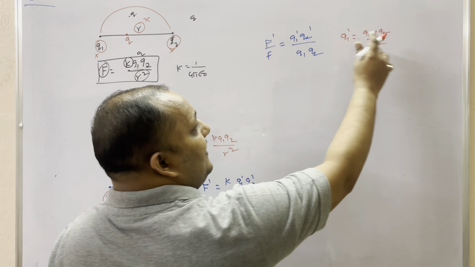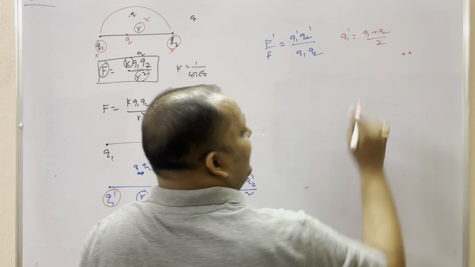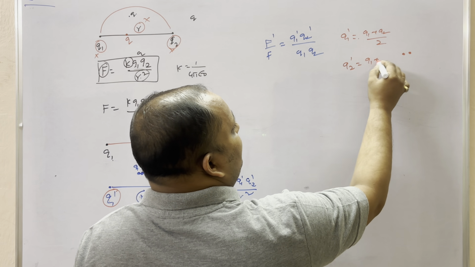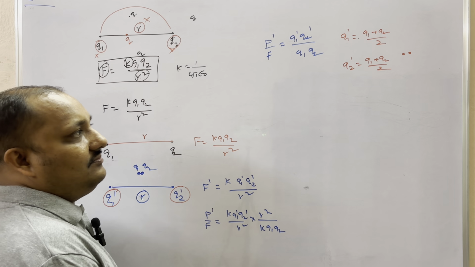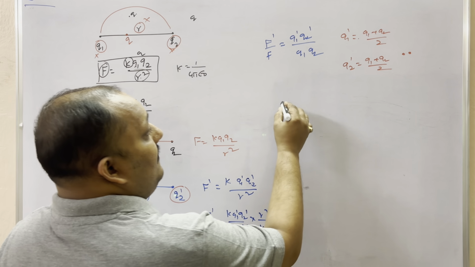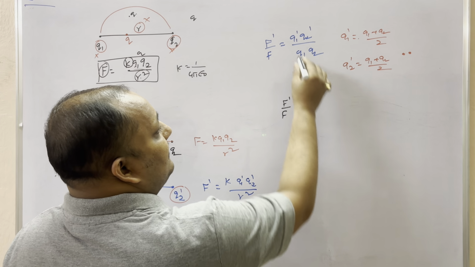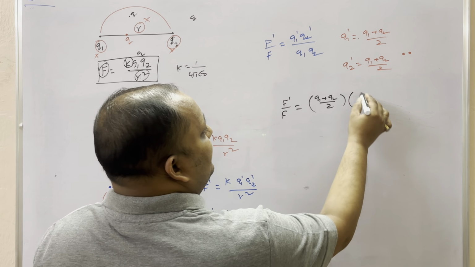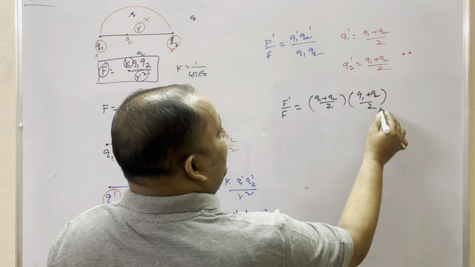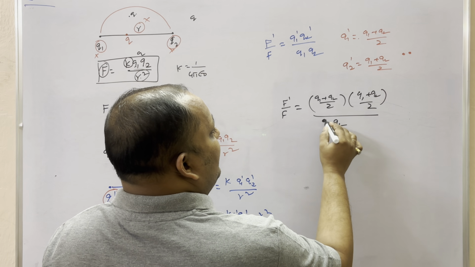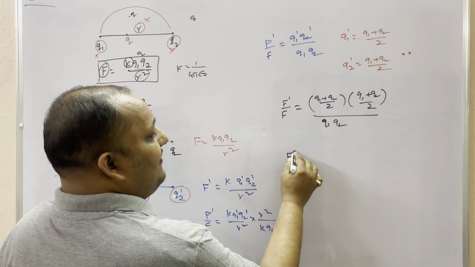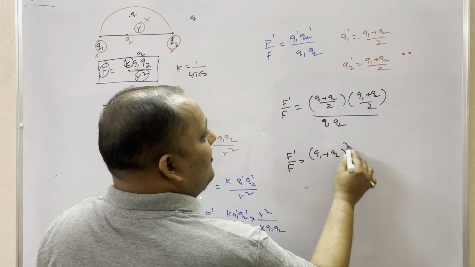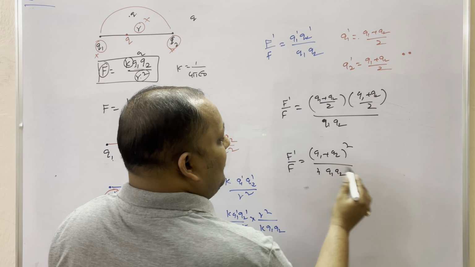If these are point and similar charges, you will get the new charge like this. Q2 dash equal to Q1 plus Q2 by 2. So F dash by F equal to Q1 plus Q2 by 2 into Q1 plus Q2 by 2 divided by Q1 Q2. So now F dash by F equal to Q1 plus Q2 whole square by 4 Q1 Q2.